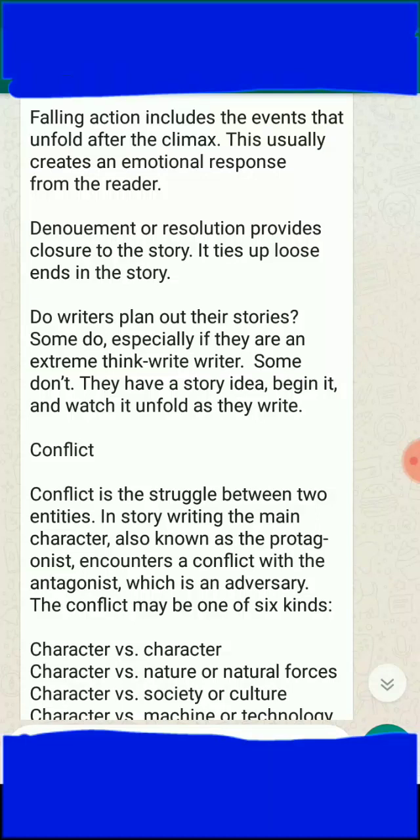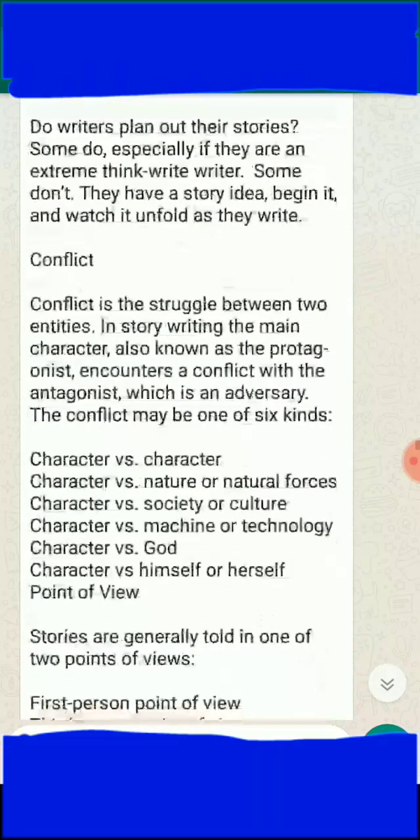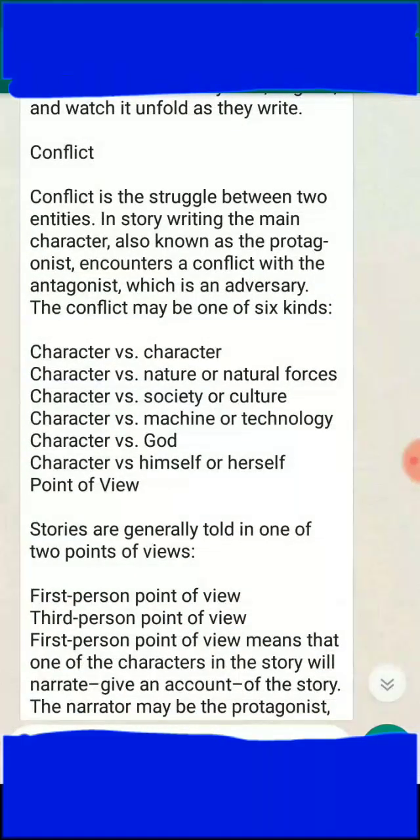The conflict may be one of six kinds: character versus character, nature or natural forces, character versus society or culture, machine or technology, God, himself or herself.